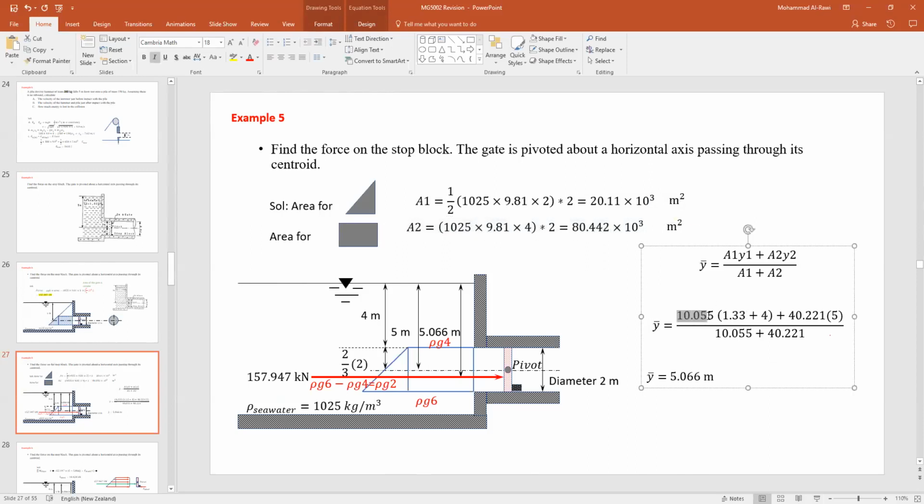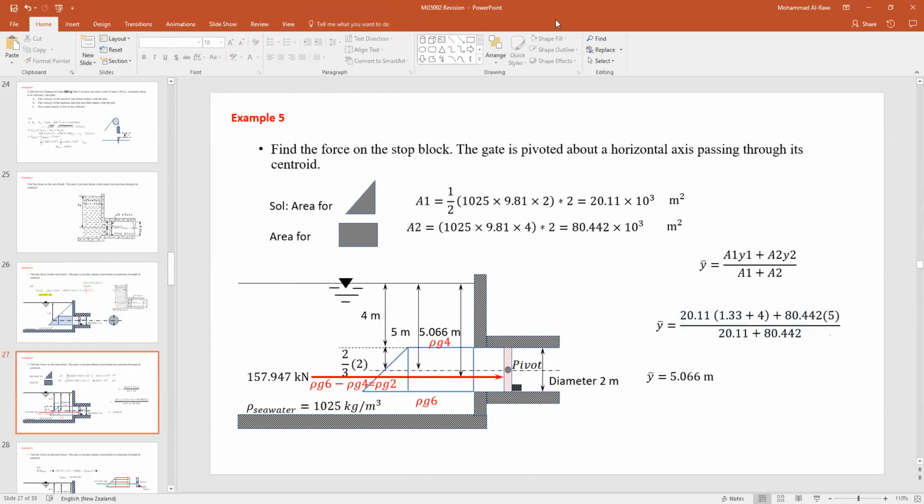Now I need to update this one, so that will be 20.11, and this one is 80.442. So what's the difference? Because I didn't take into account that 20.11, and now I'm not taking the 10 to the power 3 because they cancel each other. 80.442, and then we get the answer.